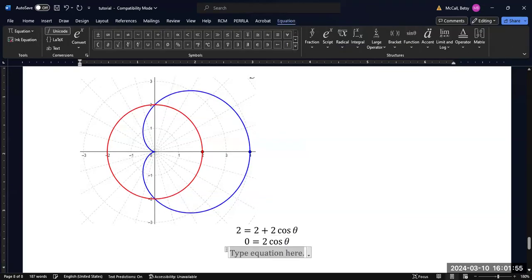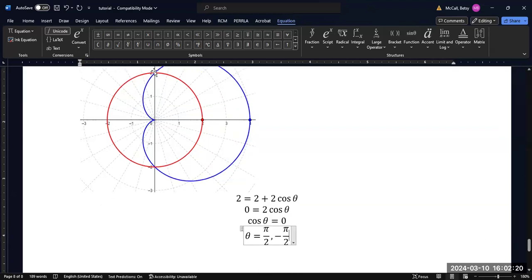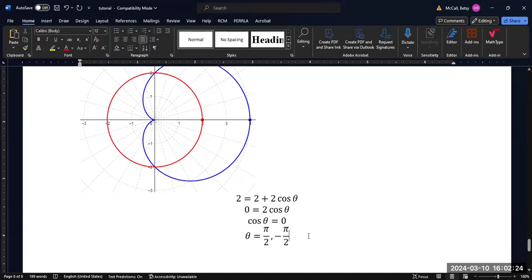And then we're left with cosine theta equals 0. And therefore, theta is going to be pi over 2 and negative pi over 2. And again, we can see that from the graph. That's where the curves intersect with each other.